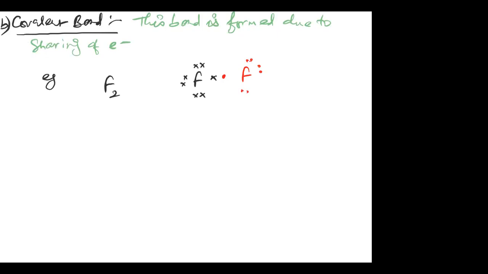So with sharing of electrons, 2 electrons get shared between these 2 fluorine atoms. Now due to sharing of electrons, both fluorine atoms acquire their octet. Now in the valence shell or outermost shell of each fluorine, there are 8 electrons. So this bond is formed due to sharing of electrons, let's say F2.